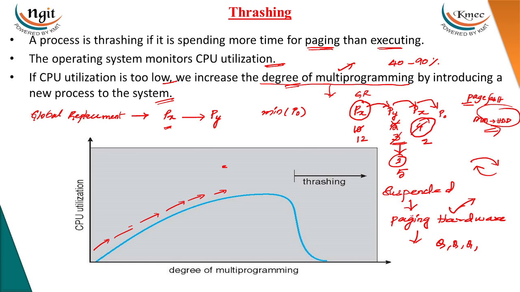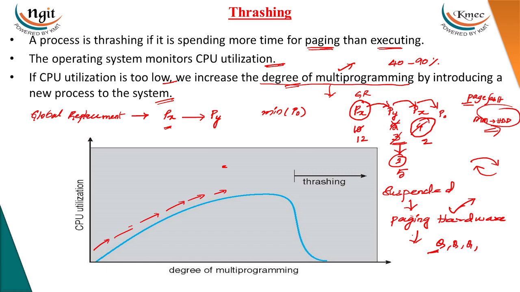Nothing is executing here. One process takes frames from another process, and the minimum number of frames is violated here. Every process is busy waiting in the paging hardware queue rather than executing its instructions.